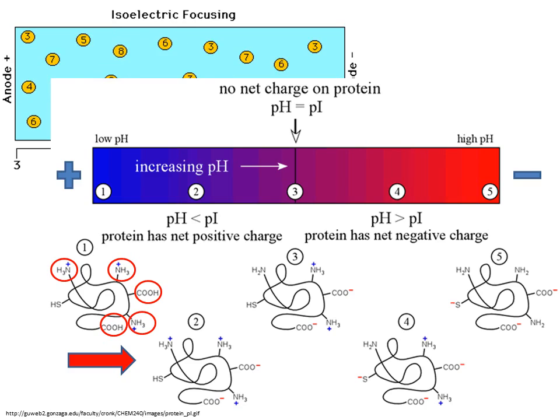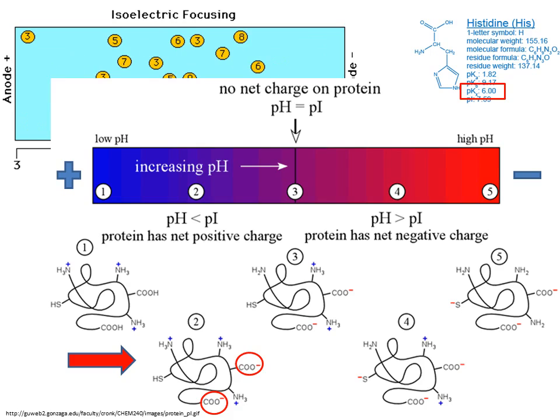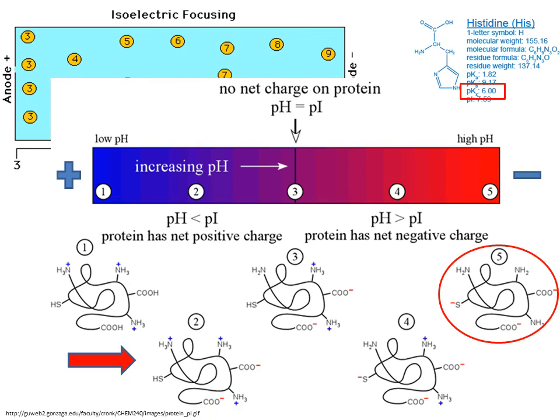In that direction, the pH of the ampholytes increases and hydrogen ions can get lost as the molecule moves towards the negative electrode. Other molecules of the same protein could be at a place in the pH gradient that is higher than their isoelectric point, and so they are negatively charged, as carboxylic acid and amine groups that lack hydrogen ions.